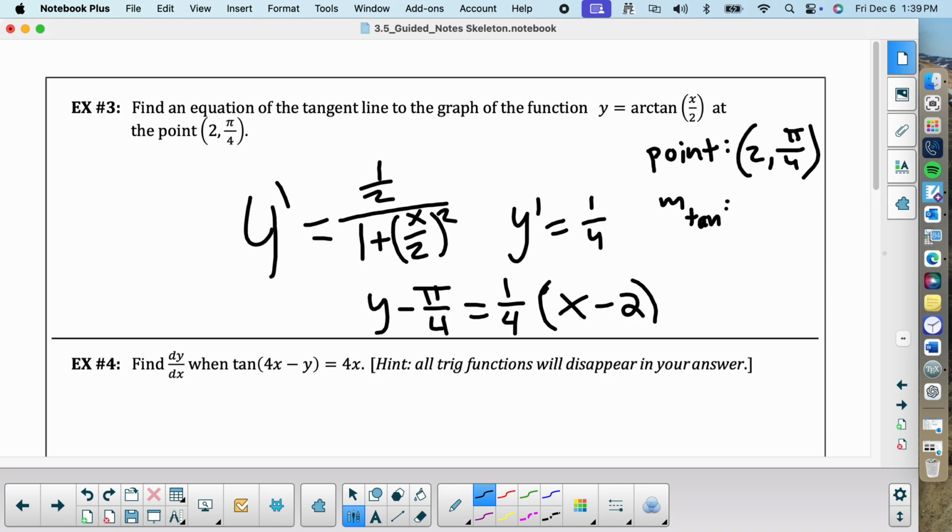This one was specifically set up and chosen so that the answer wasn't that bad. Normally, the slope answer would be pretty terrible, and the point would also generally be semi-terrible. It's just kind of how they go. You are generally only going to have to find the derivative for inverse trig functions.